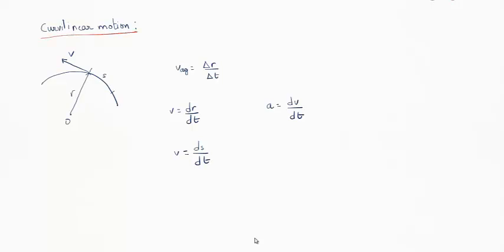Now let's talk about curvilinear motion. Let's say the body is no longer moving in a straight line as we saw before. Maybe we have a curve like over here.